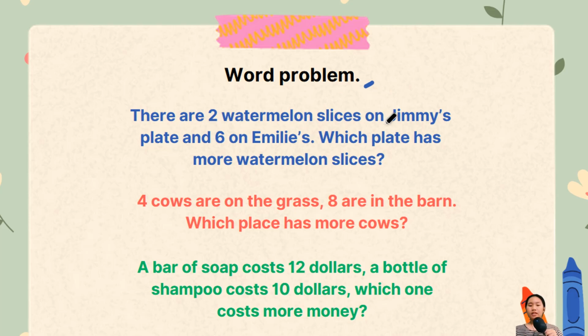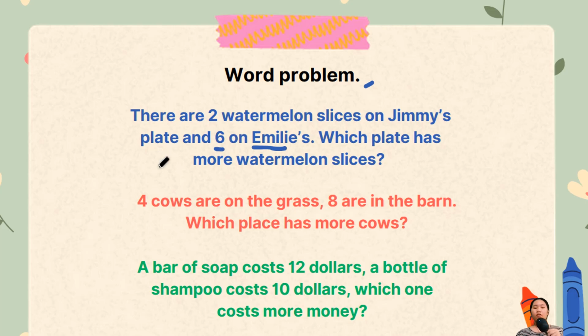Which plate has more watermelon slices? We have 2 on Jimmy's plate and 6 on Emily's. Which plate has more? So obviously it is Emily because Emily has 6. So 6 is greater than 2.